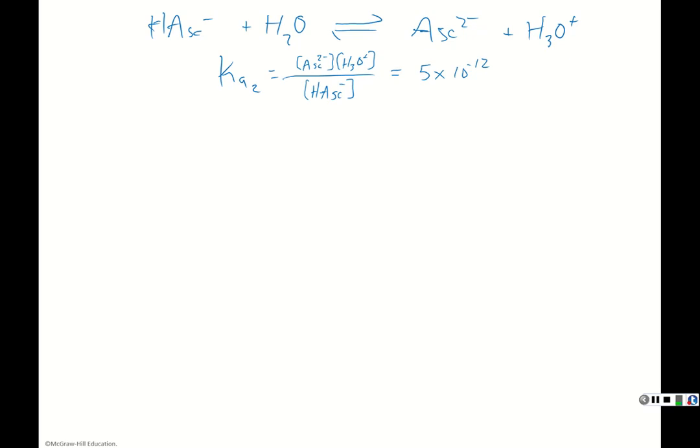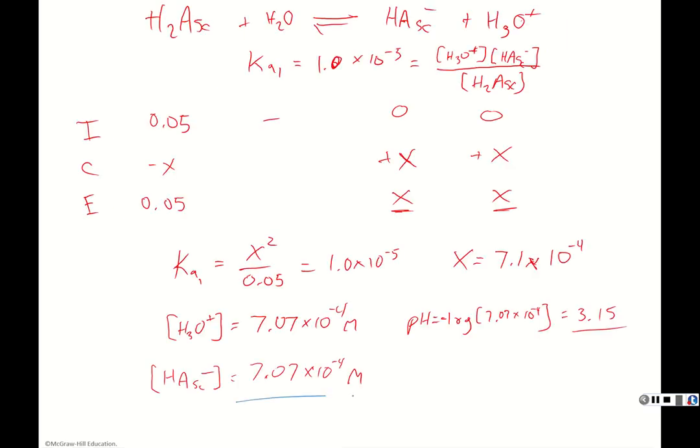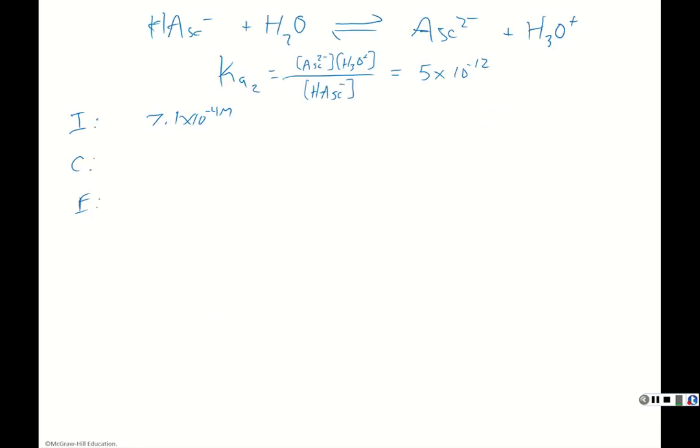Okay, now we can set up our reaction table. For this, our initial concentration, again, is going to be 7.1 times 10 to the minus 4 molar. And where we're getting that from is the first step. That X value we calculated in the first step was the equilibrium concentration of that.